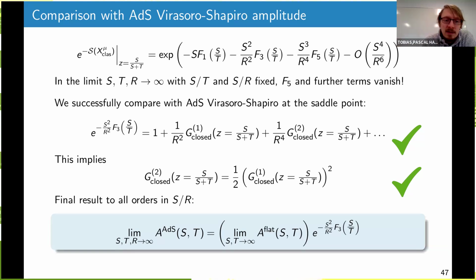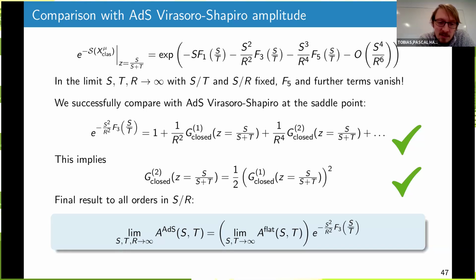And now we can look at this part with the F3 and compare to AdS Virasoro-Shapiro at the saddle point, and we find it matches precisely. And this, of course, means that at the saddle point, the second correction is just 1/2 the square of the first correction.